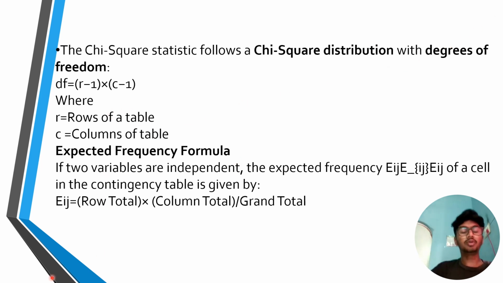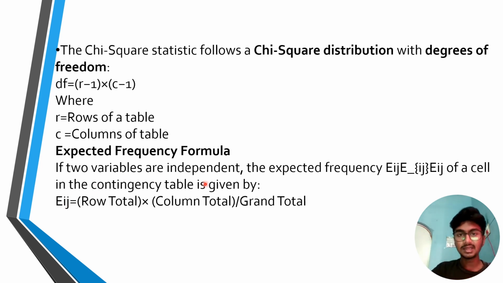So coming to the formulas which we are going to use for the problem, starting with the degrees of freedom. Degrees of freedom is equal to (R minus 1) into (C minus 1), where R stands for rows of the table and C stands for columns of the table. Next, the expected frequency formula.